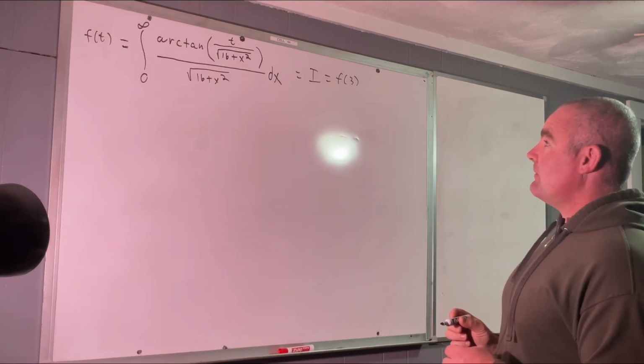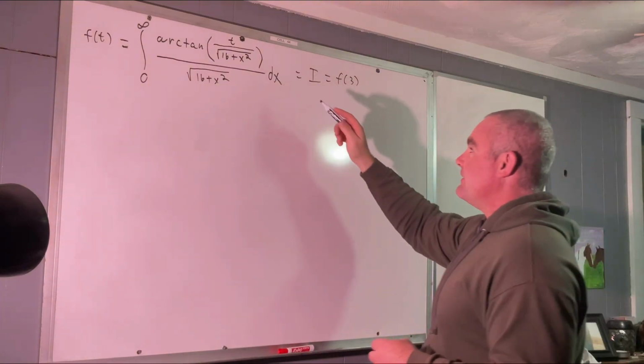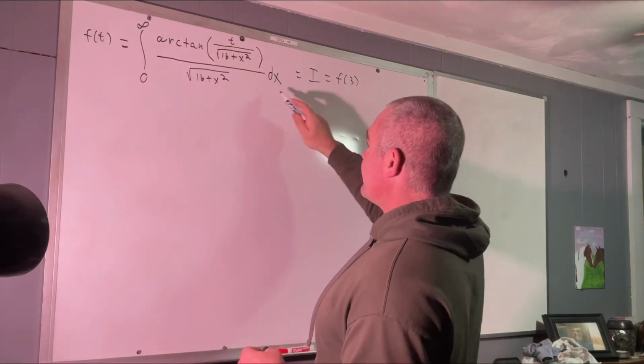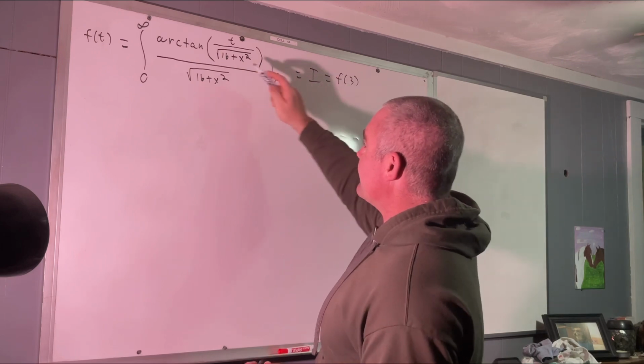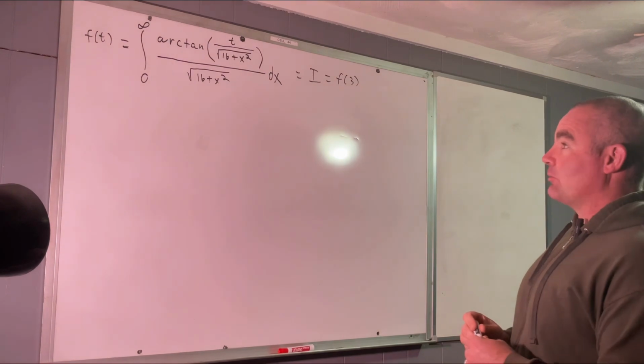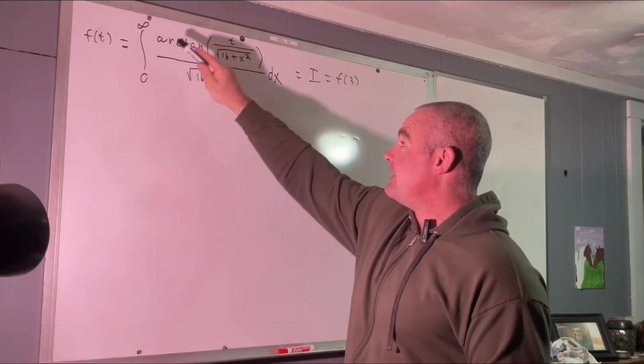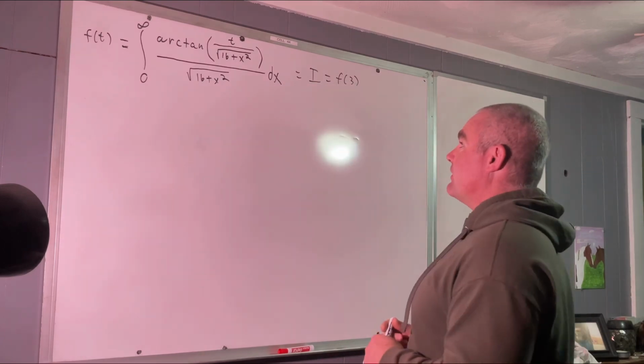Now we can use the Leibniz rule for differentiation under the integral sign to take a derivative of our function of t with respect to t directly by just taking a partial derivative with respect to t of the integrand and leaving the rest alone.